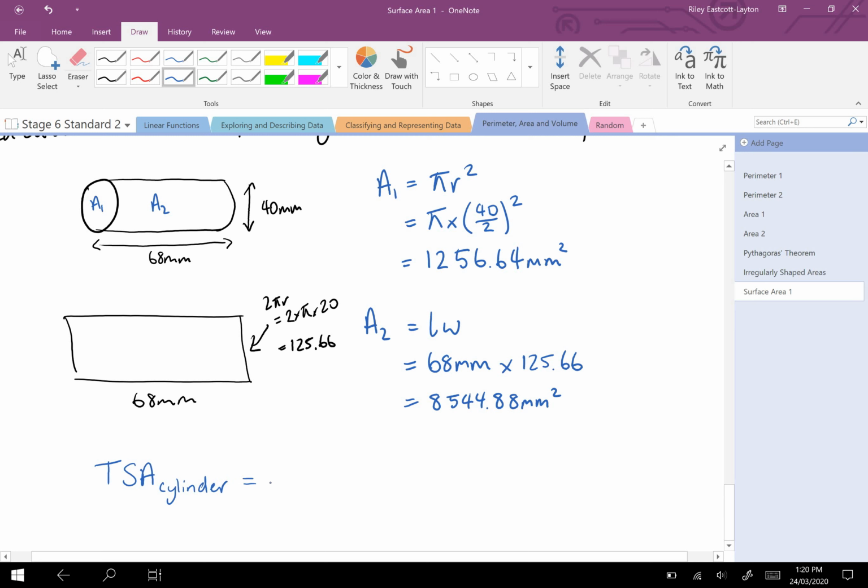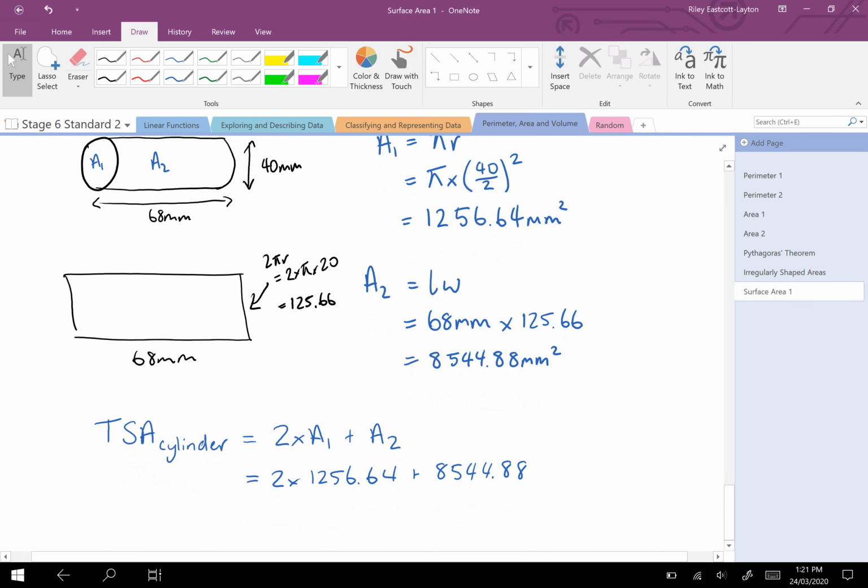Then to get our total surface area of our cylinder, it's going to be, I'm not going to make the same mistake this time, 2 times A1 plus 1 times A2. So we got our two circles. We're going to get 2 times 1256.64 plus 8544.88. So I whack that in my calculator.